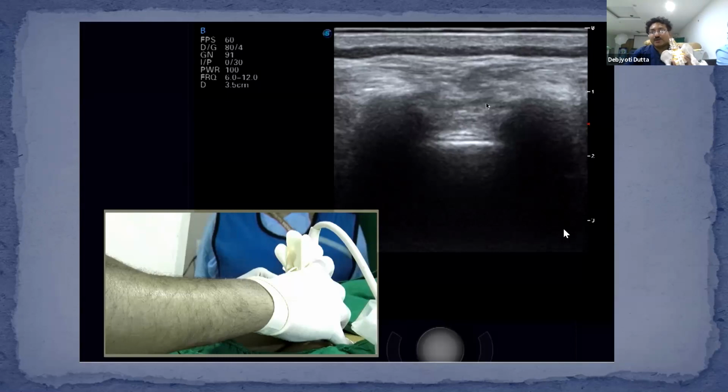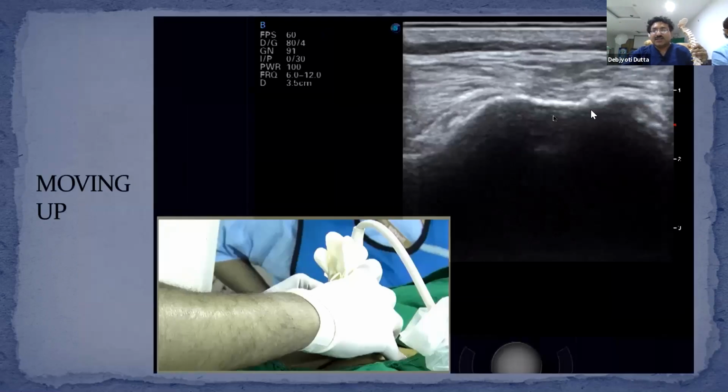This is the important landmark because from this area we need to insert our needle. So we have located it, then we move slightly up, and then we will be able to see this area. Instead of showing pictures, let us see it on the volunteer.